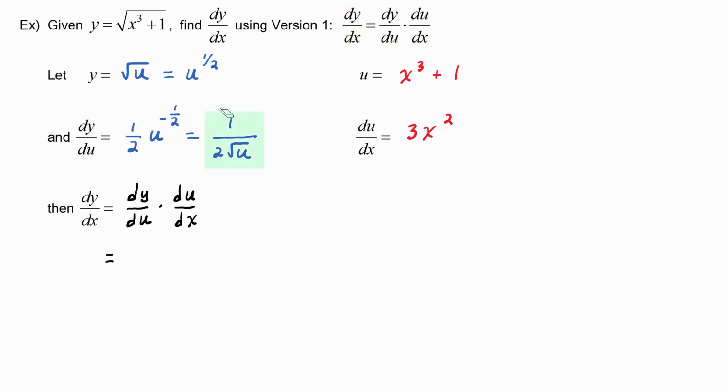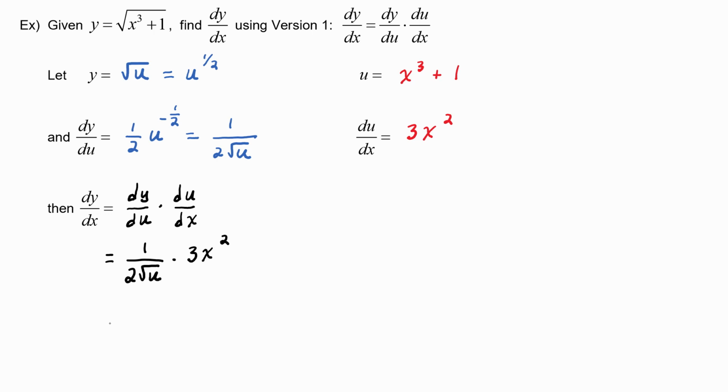We have dy du, it's right here, 1 over 2 radical u. We have du dx, it's 3x squared. And now all we need to do is substitute for the u variable, which we know is equal to x cubed plus 1.